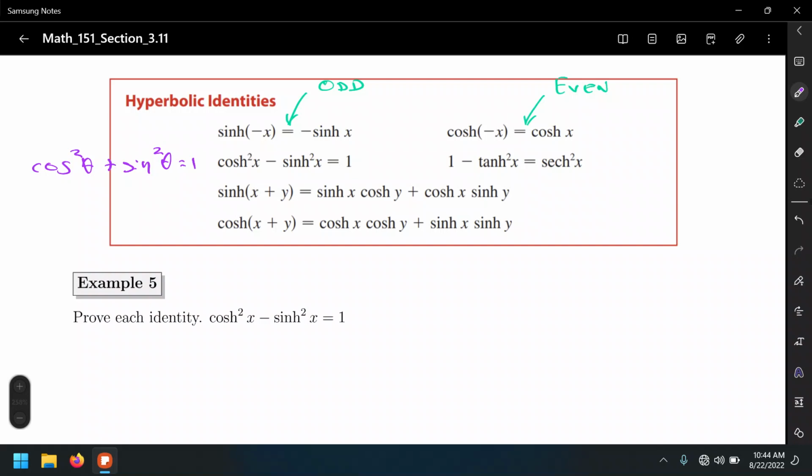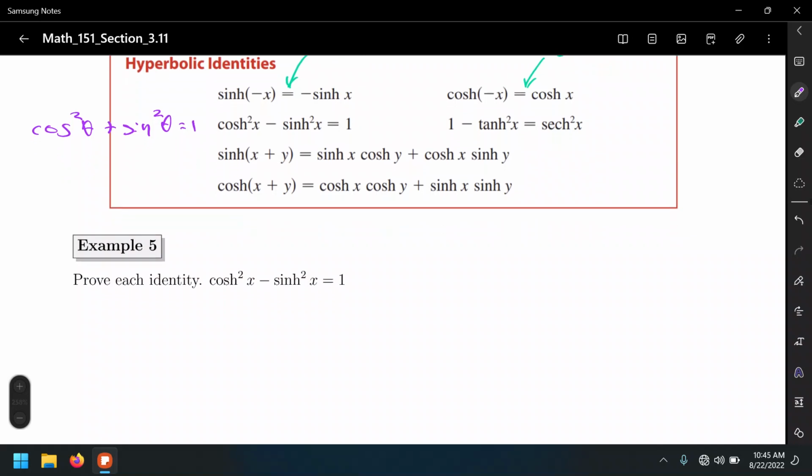Usually we read it the other way, sine squared plus cosine squared. It doesn't matter in this case because it's an addition of two terms and they're both positive. But in the difference, order matters. And in this case, this cosh squared minus sinh squared is actually going to be our next example.